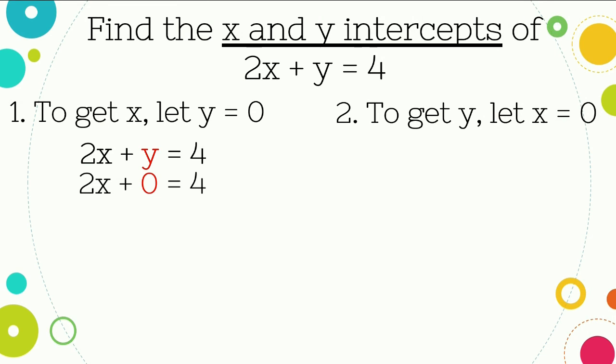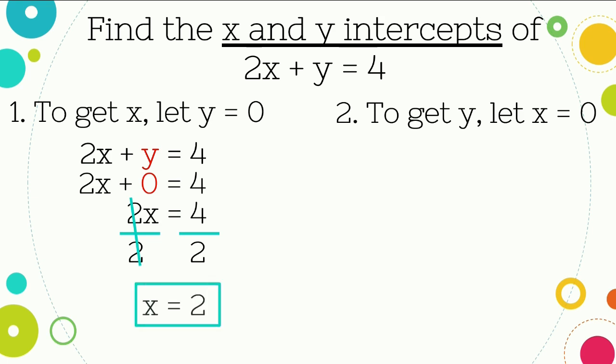And then, 2x plus 0 equals 4. We will now have 2x equals 4. And then to get the value of x, we have to divide both sides by 2. Cancel 2. And then 4 divided by 2 is positive 2. Therefore, if we let y equal 0, x is positive 2.